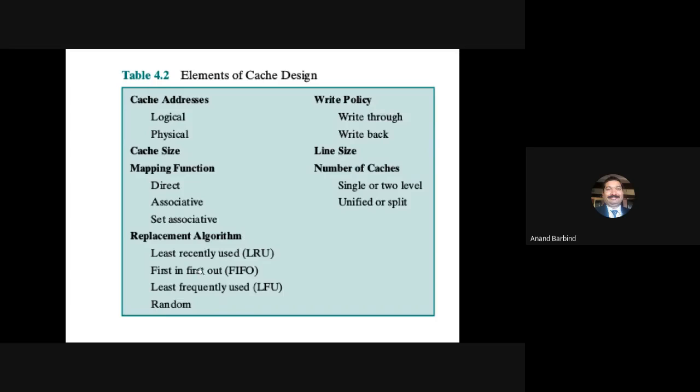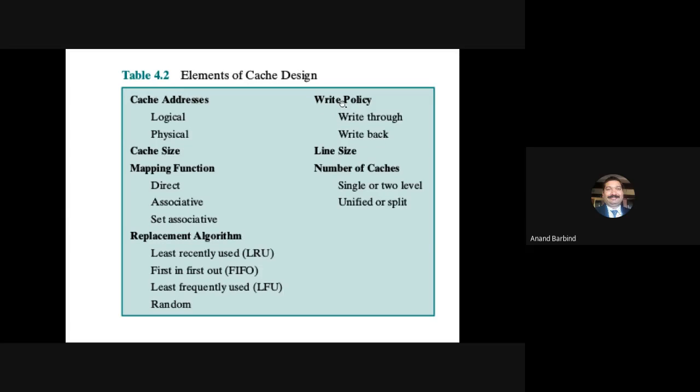Why? Because the other schemes require a certain algorithm to be implemented in the hardware, and they are complex algorithms, so the implementation cost is higher, whereas the implementation cost for the random algorithm is lower. Then what is the right policy for the cache?